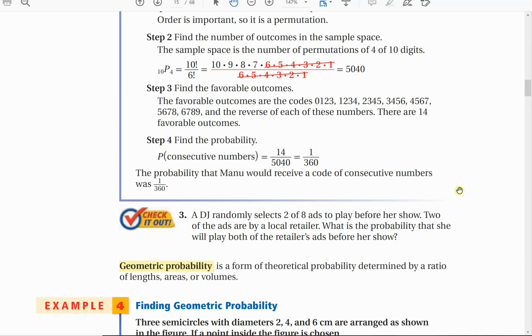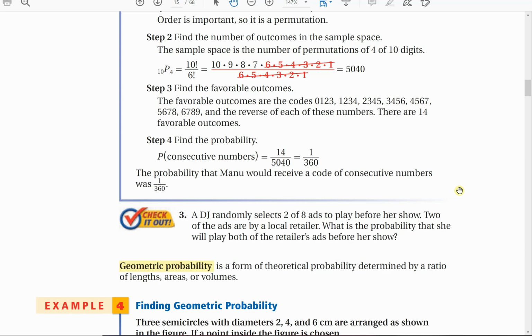So you would have 8 choose 2, and that would be, let's see, 8 choose 2 is, I'm sorry, 8 divided by... there's 28 different combinations of ads, and in order for them to both be from the same retailer, there's only one way, so it'd be 1 out of 28.